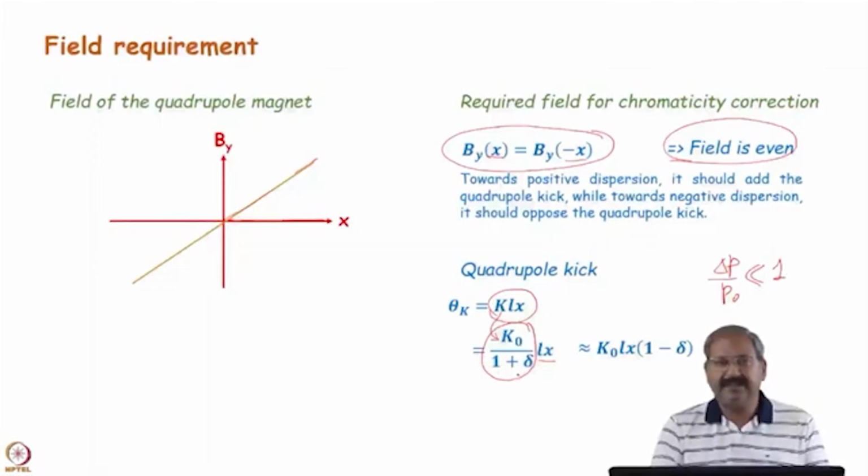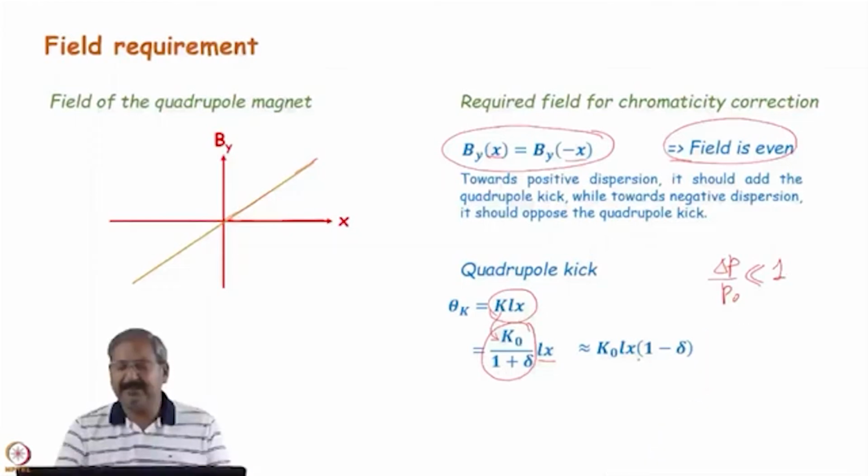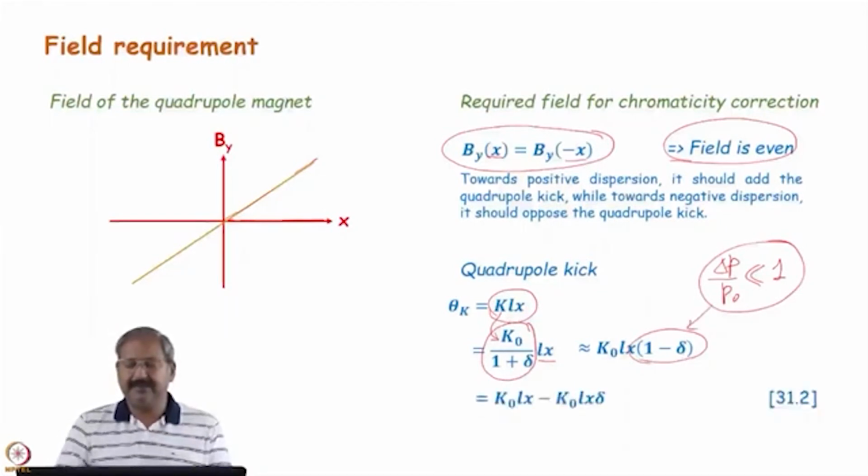Then this 1 plus delta can be approximated by 1 minus delta in the numerator, because when it goes in the numerator, it will have 1 plus delta raised to the power minus 1. And when we use binomial expansion for this, retaining only the first term and rejecting the higher order terms due to this approximation, we will have 1 minus delta. So we have K0 Lx minus K0 Lx delta.